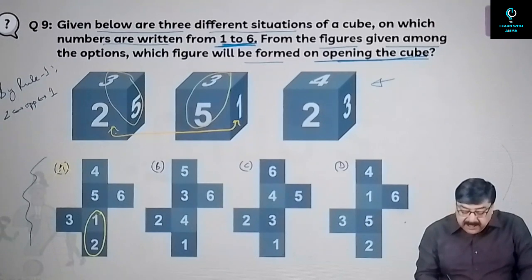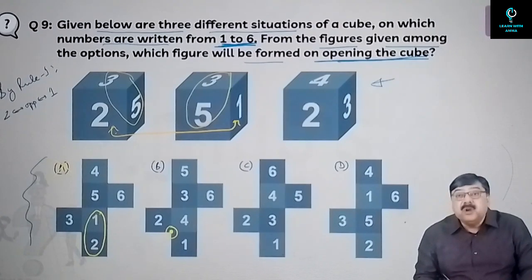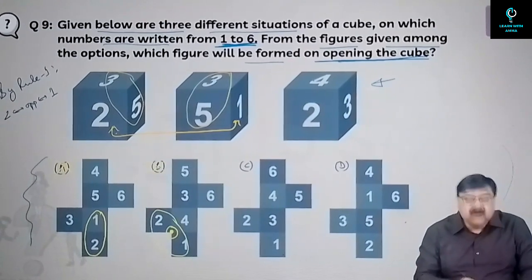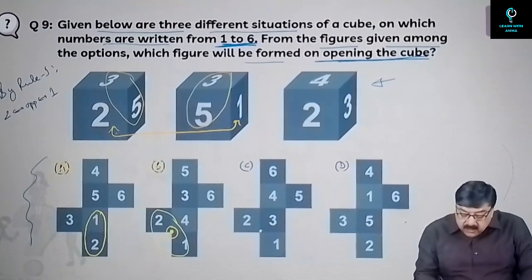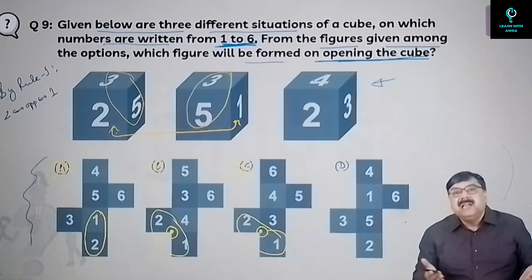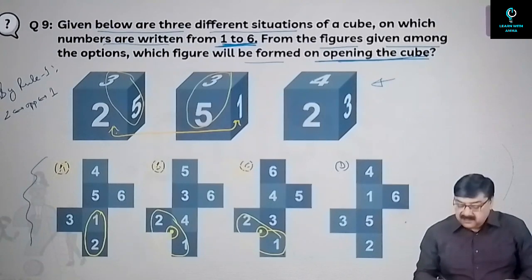In choice B, 2 and 1 are meeting at a corner, which means that they are neighbors, they are adjacent, they cannot be opposite. So because of this, choice B cannot be the answer. Once again, 2 and 1 here are meeting at a corner, they are adjacent, so choice C cannot be the answer. Obviously A, B, C gone, choice D should be the answer.